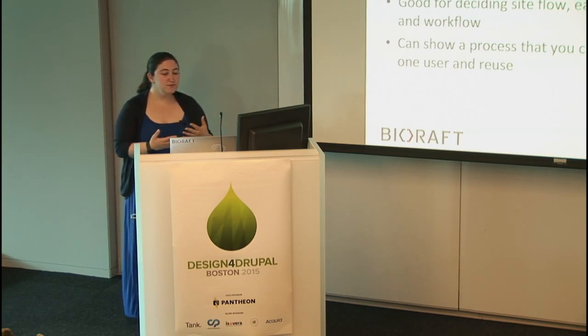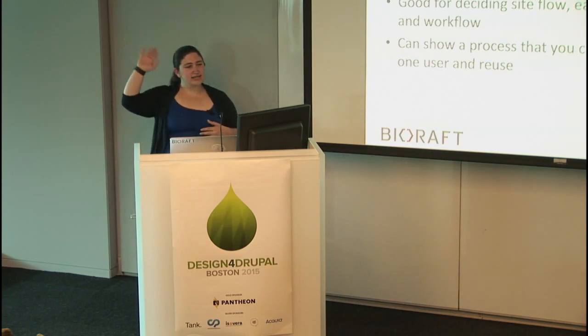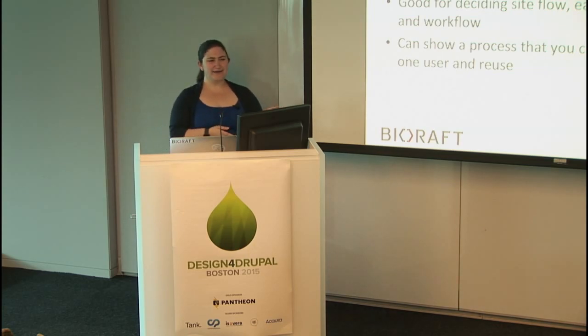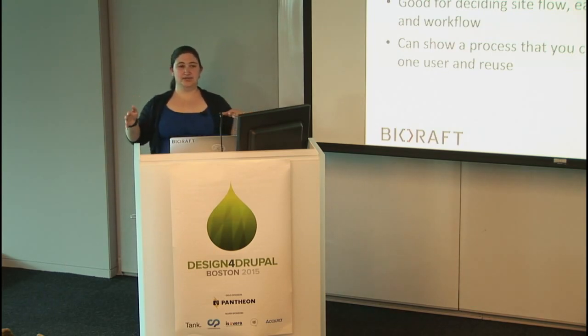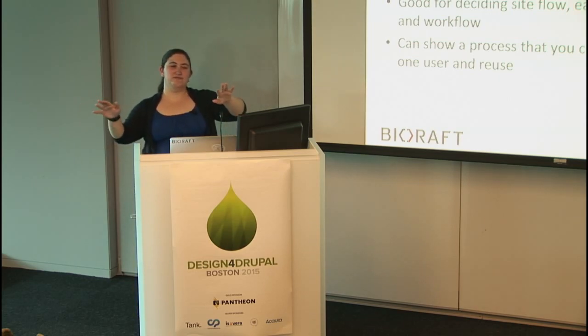So it's good for when you're deciding what the site flow should be, some very high-level UI design, and your workflows. And it can show you a process that, okay, it works for this kind of user. Oh, hey, the same process will work for this one and this one. This one's a bit of a special snowflake over here, so we're going to have to figure out how to deal with that. Because ideally, your same process would work perfectly for everyone, and then there's the real world.